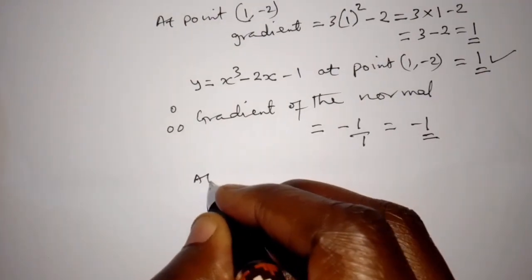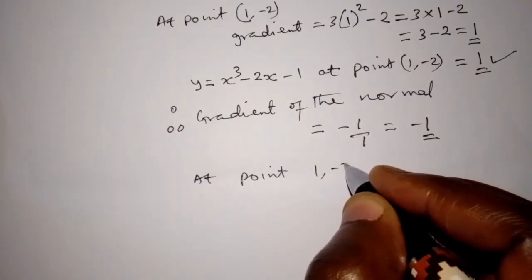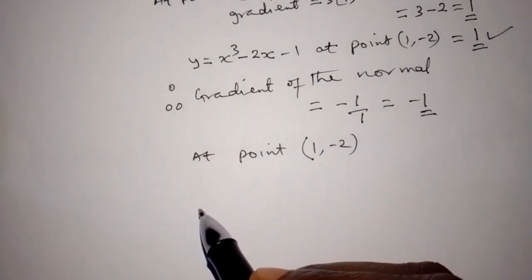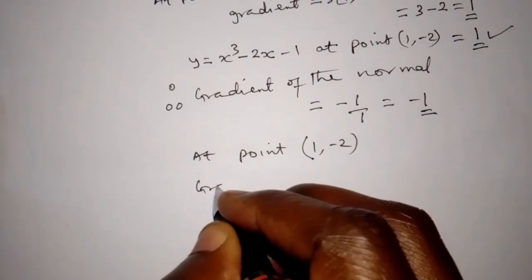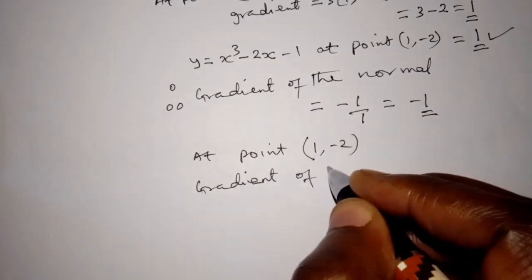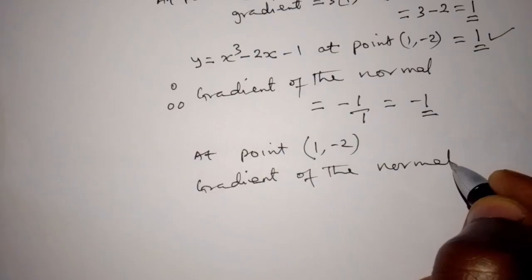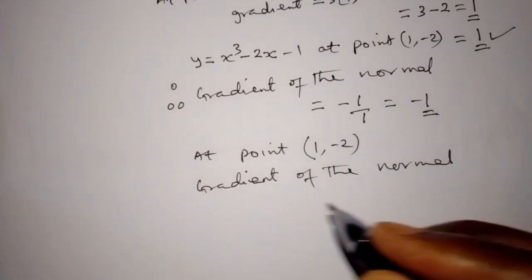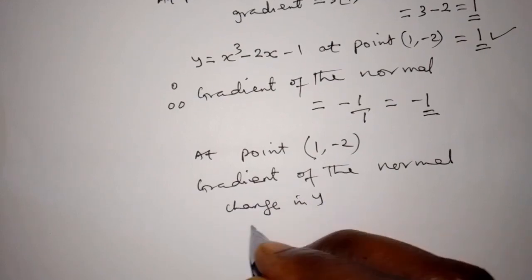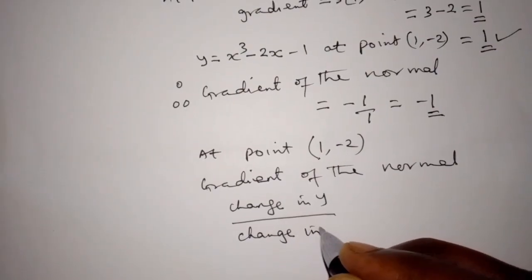at point 1, negative 2, the gradient of the normal is given by change in y over change in x.